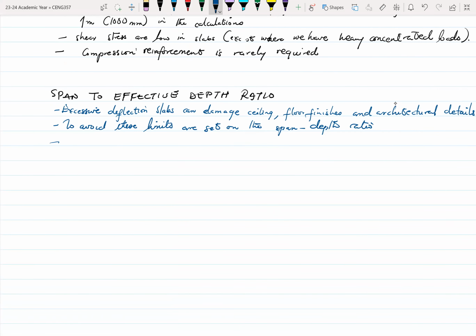So the effective span to depth ratio. It's used for both beams and slabs.